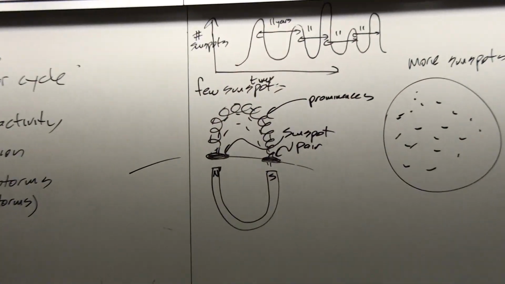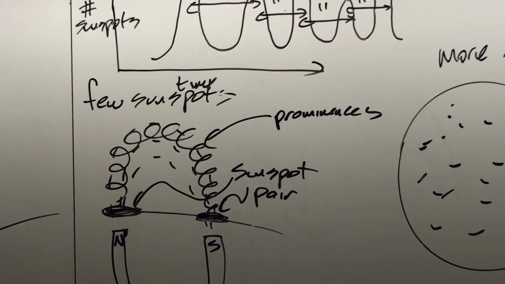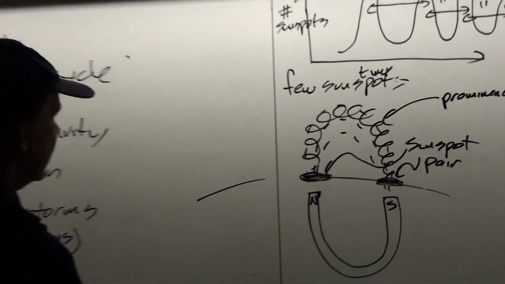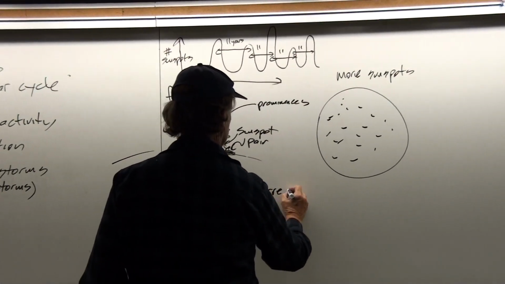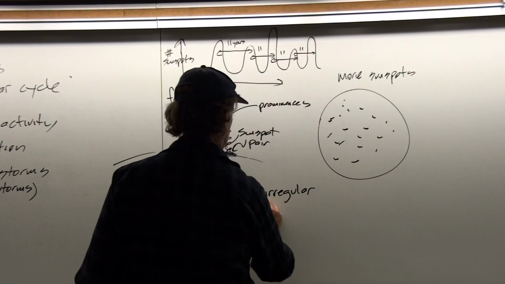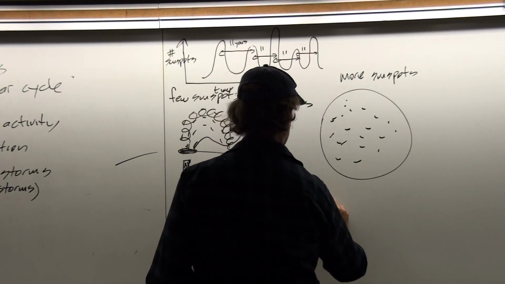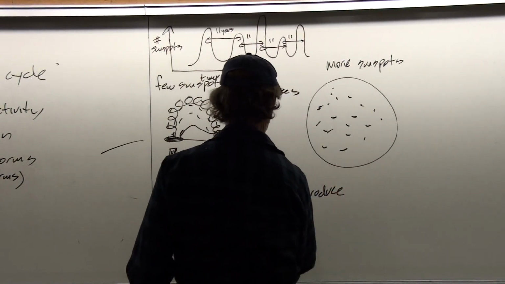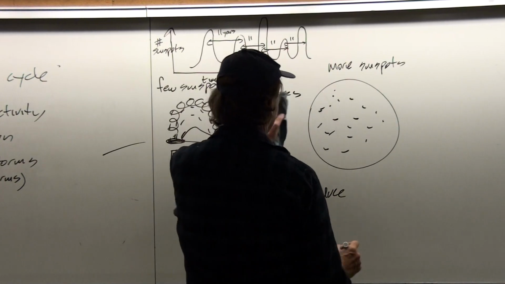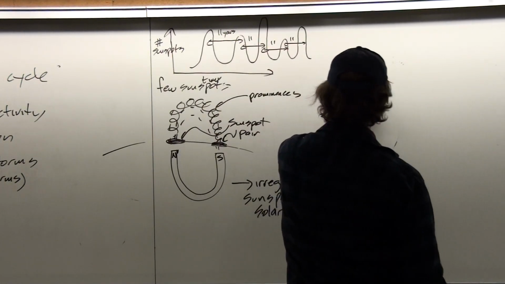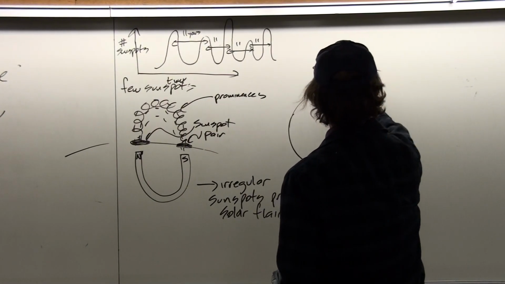But every now and then, the lines of the magnetism cross over. And so irregular sunspots can give rise to solar flares. And so these solar flares are when the solar wind particles can increase by a factor of 1,000.